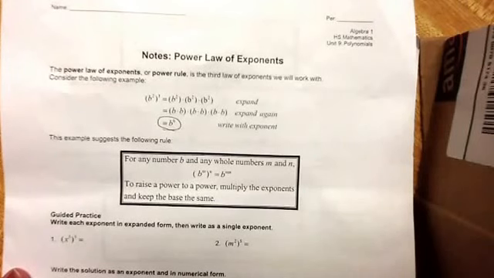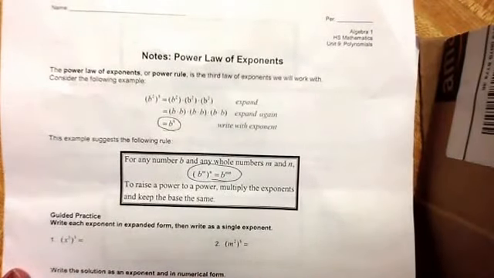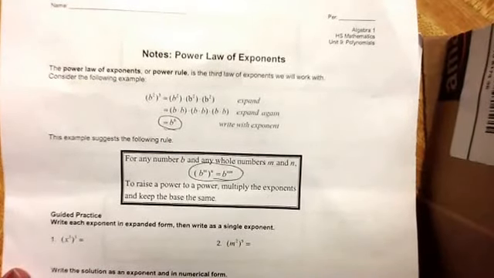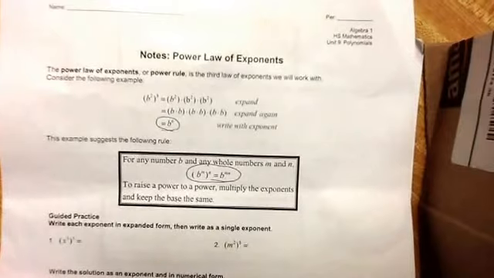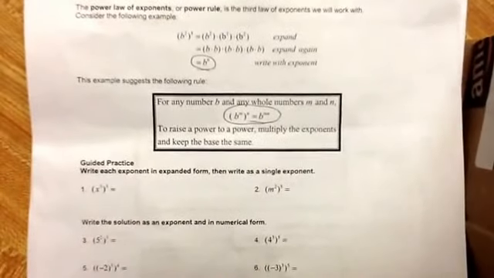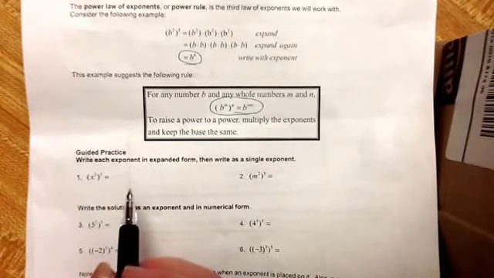What we can do is simplify that rule and say, just like we've done with the distributive property before, if we are separated by parentheses, you can multiply those two numbers together and not have to write out the entire thing in expanded form. So if we look at our practice here, think about what this means.